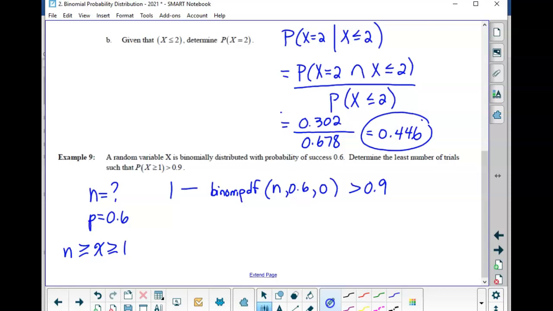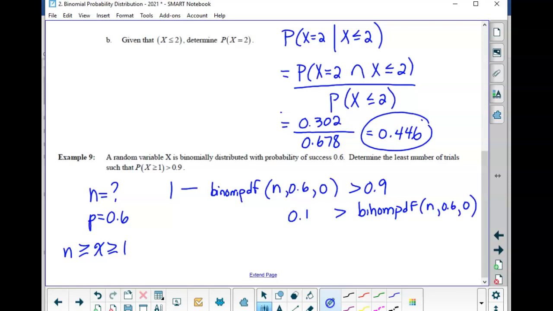And then, isolating this, if we bring this over here, that would be 0.1. And this over here would be binom PDF with 0.60.